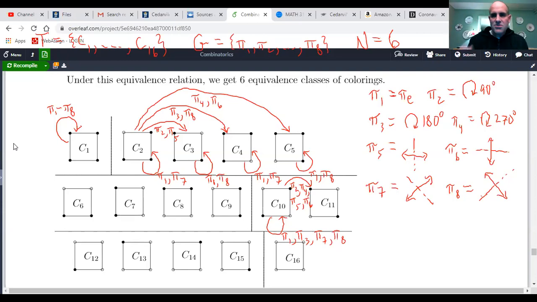Those would still satisfy all the things that we need to be true about a group, namely closure, existence of an identity, and inverses existing, right? So all of those things would exist even if I was only looking at rotations, but here we're allowing for reflections as well. Okay, and capital N is always the number of equivalence classes.